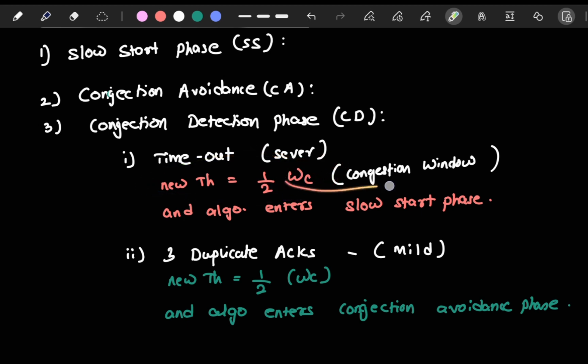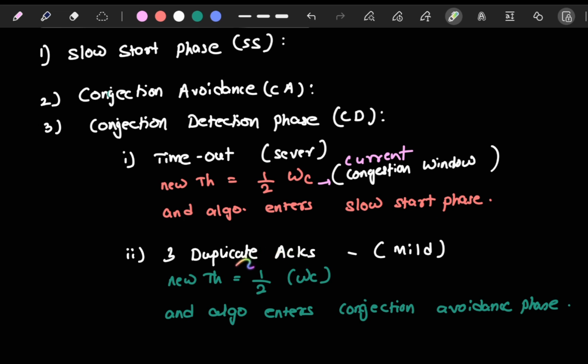It will take half of the current congestion window and form a new threshold. After that it will enter into the slow start phase.